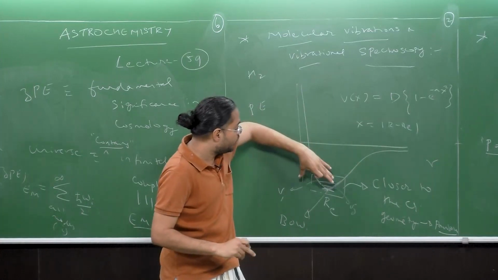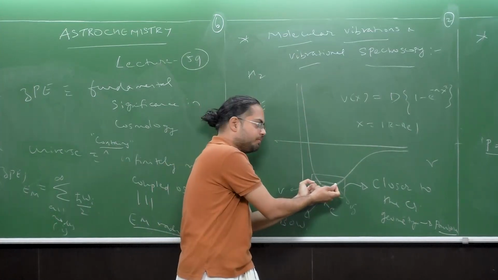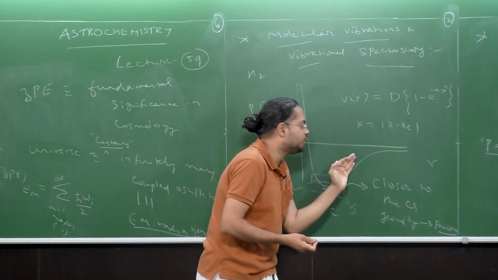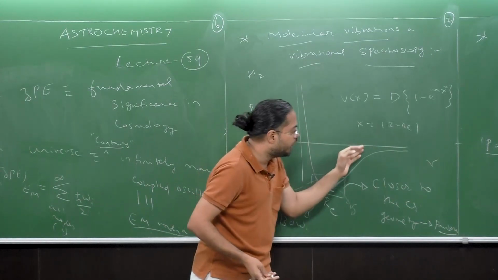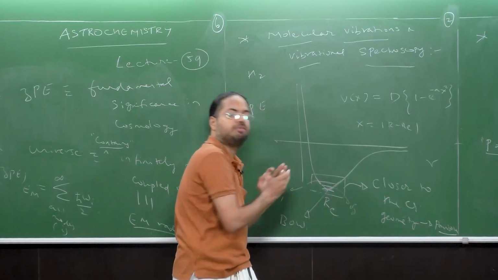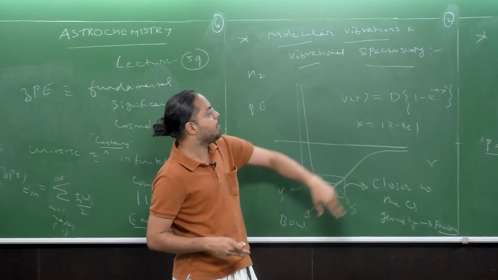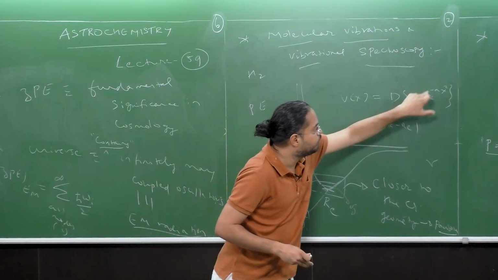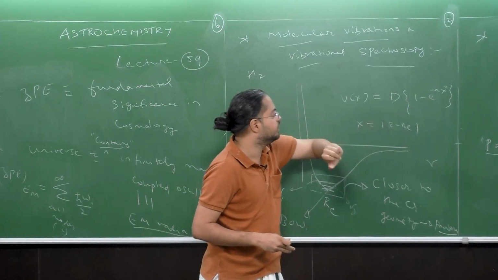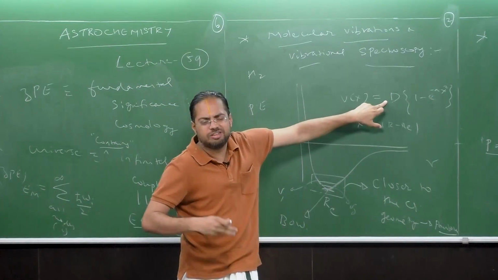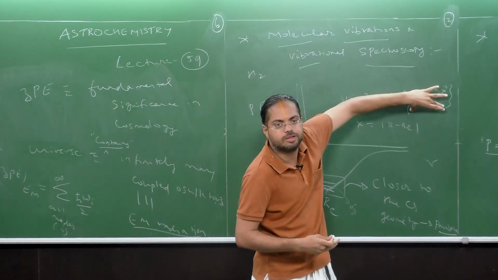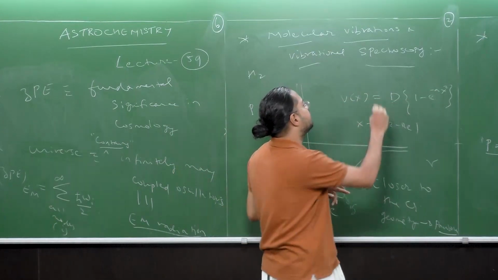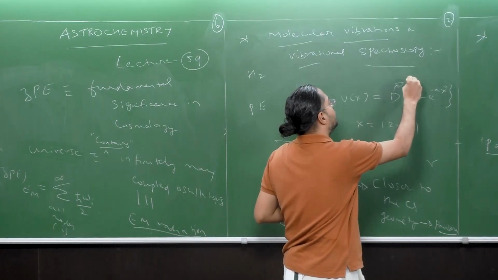It accounts for not just the region close to the equilibrium bond length, but also the dissociation limit, which is far from the equilibrium bond length. That is the beauty of this function. D is just some constant which has dimensions of energy, because otherwise this whole thing is unitless.